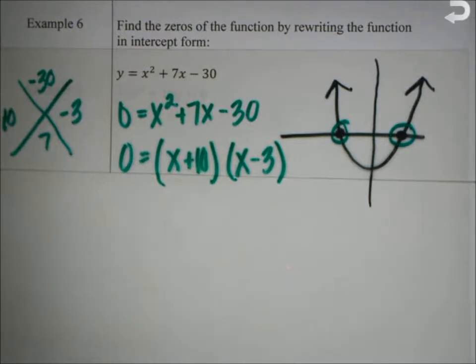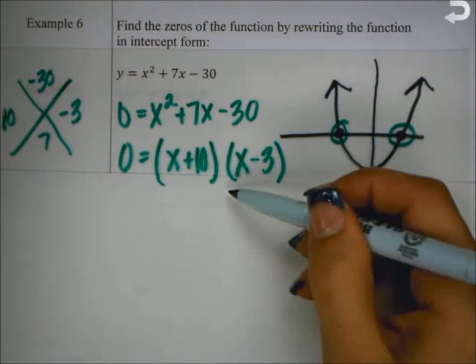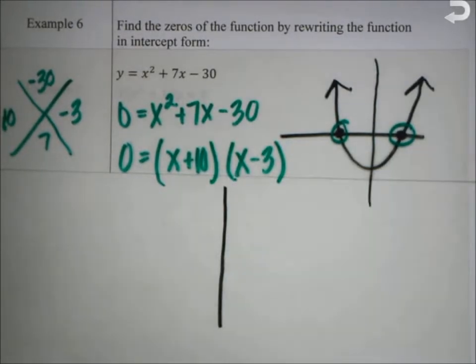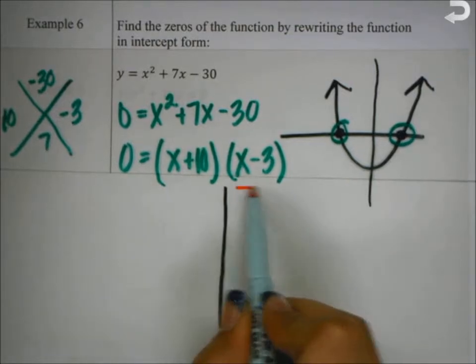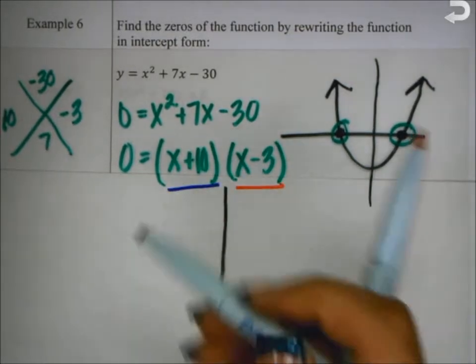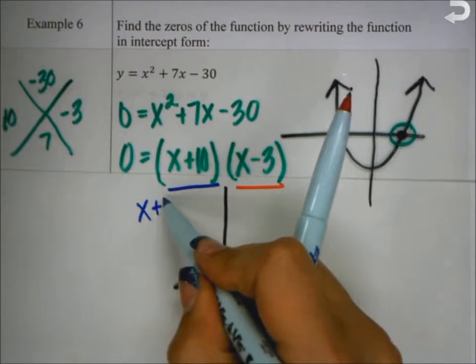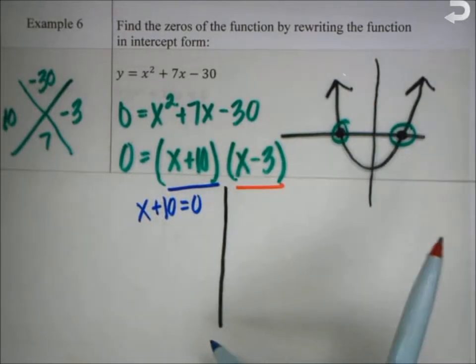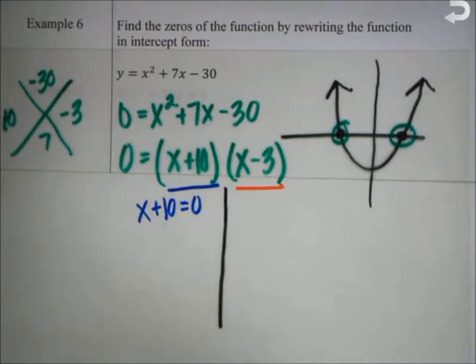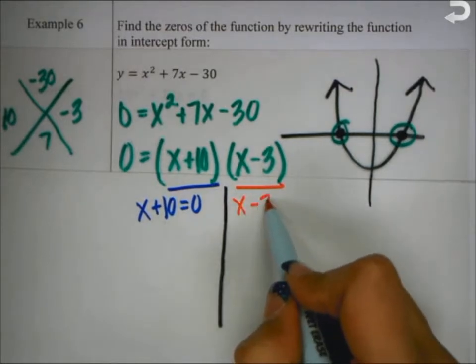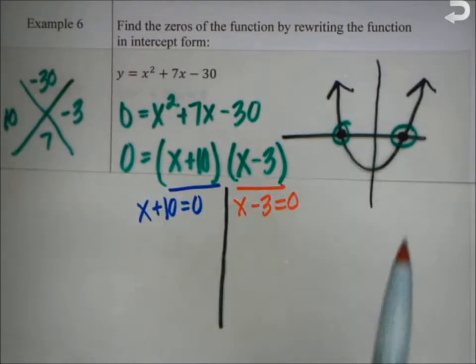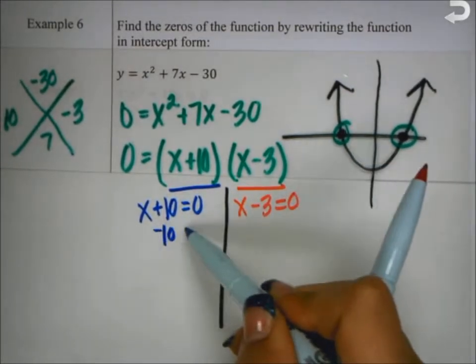So we set each one equal to 0. X plus 10 equals 0 and x minus 3 equals 0. And to solve the first one, we subtract 10 from both sides. X equals negative 10. The other one, we add 3 to both sides. X equals positive 3.